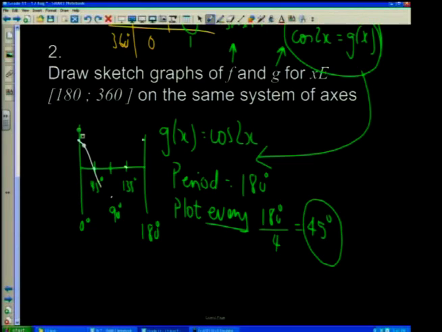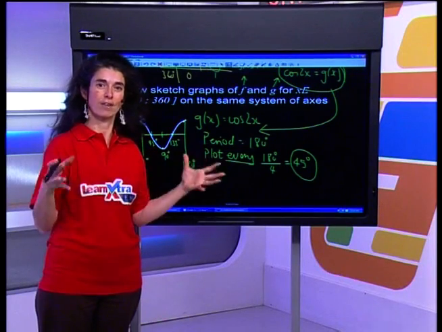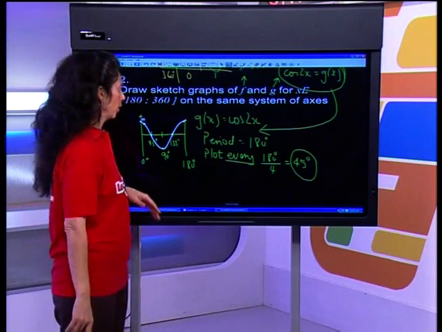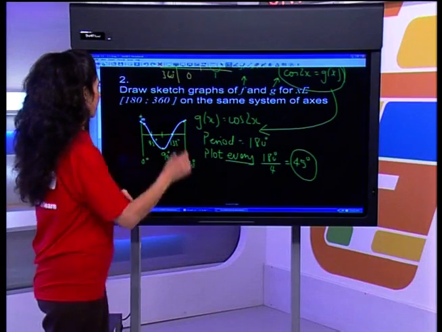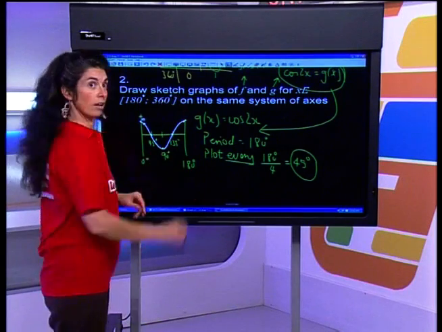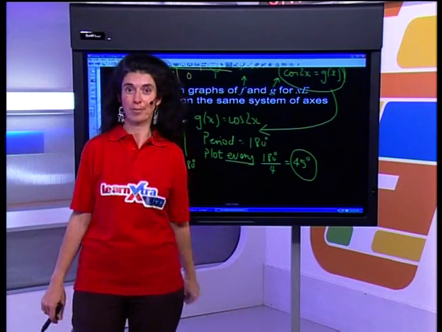So there's my little graph. So that's my overview of what's happening. I'm actually showing that when I plot, I need to plot in 45s, because my graph is asking me to do that. Okay, so now that I know what that one's doing, I also know what sine is doing. I can now begin to look at what that domain looks like, and we'll do that just after the break.